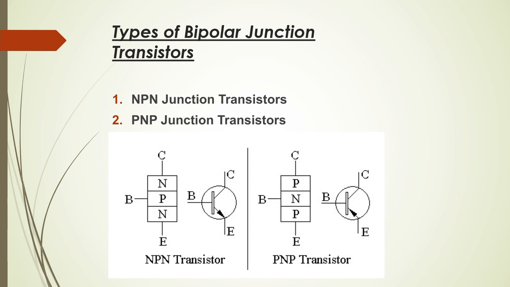We know that the arrow mark is going away from the base in the case of NPN transistors, and in the case of PNP transistors, the arrow mark is towards the base, that is, the current is flowing into the base from the emitter in the case of a PNP transistor.